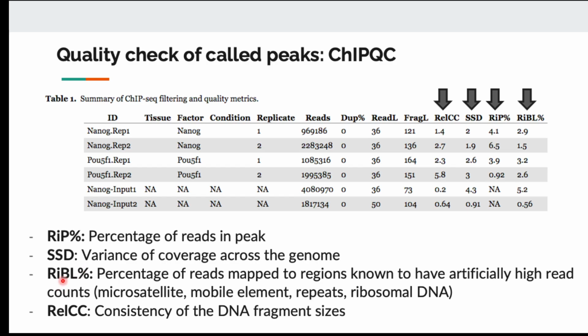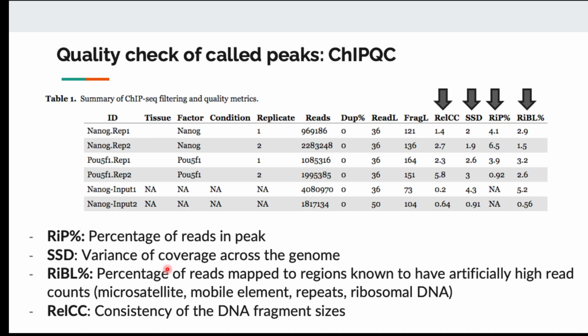RIBL, BL here means blacklisted region. There are certain regions on the DNA where we can have high read counts. This is the nature of the DNA sequence and the nature of the experiment. We're going to have high read counts in certain regions, such as microsatellite regions, mobile elements, repeat regions or ribosomal DNA, just by the distribution of the nucleotide sequence in that region.